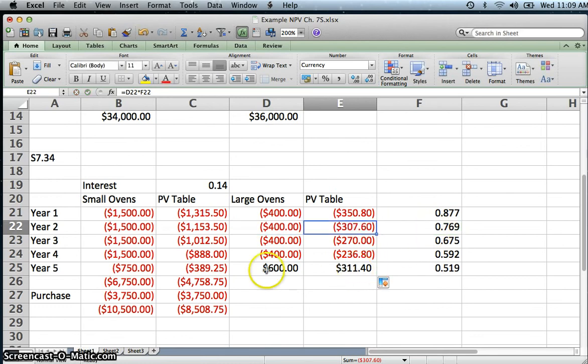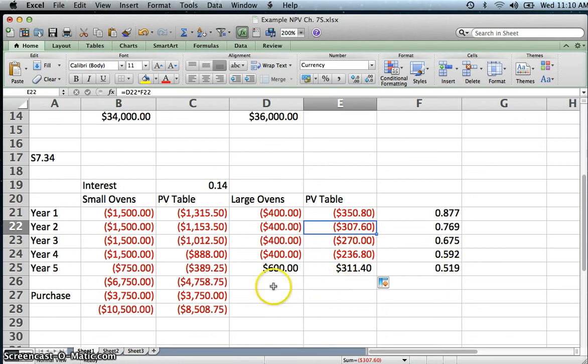And so you'll see here, remember we had a positive because our salvage was greater than the cost of the $400. We got $1,000 in salvage, so we actually got $600 inflow. But in reality, because it didn't happen until year 5, it's almost worth half of what it is in today's dollars.